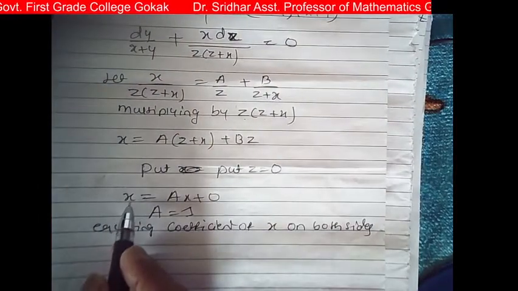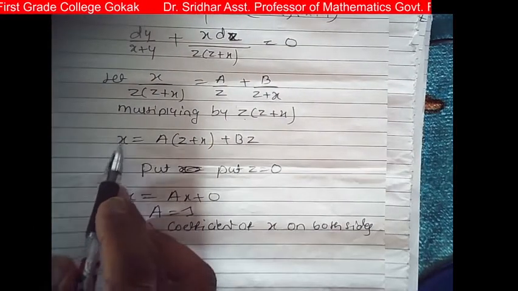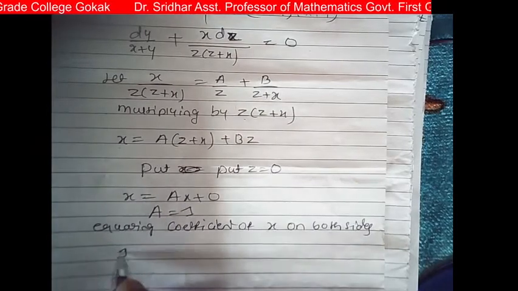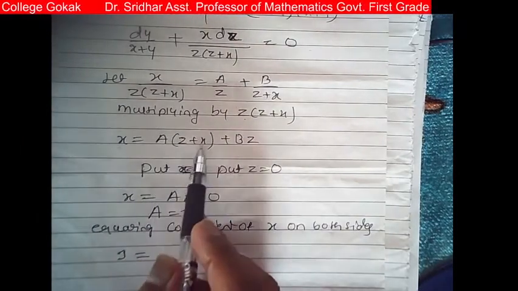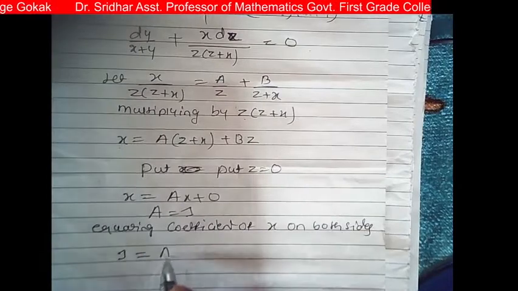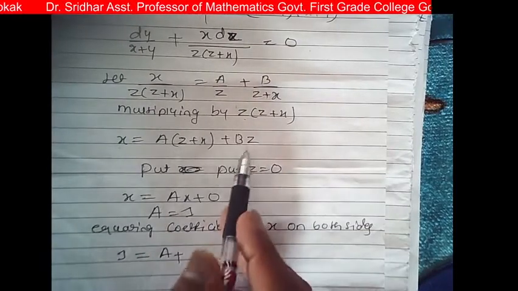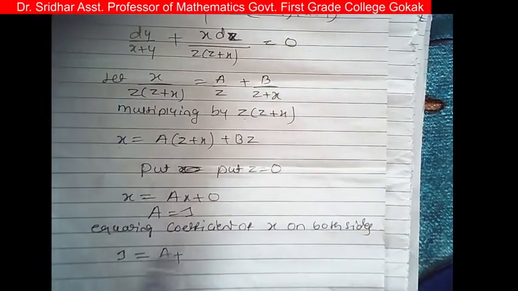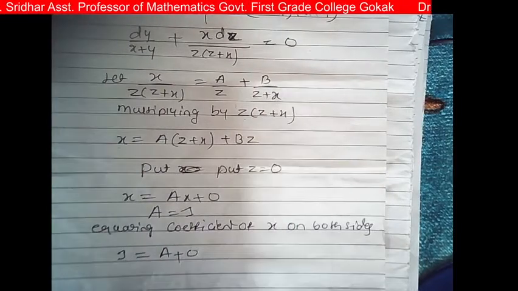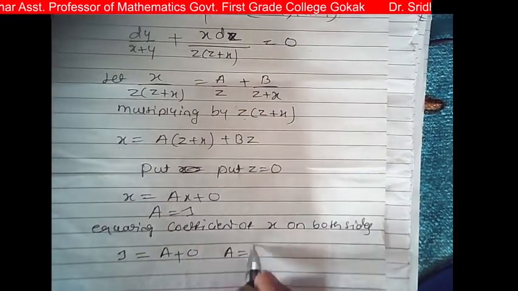So here coefficient of x is 1, here in this case it is 1, so it is equal to 1, and here the coefficient of x is a. Here there is no x term, so there is no coefficient of x, so it is 0. So therefore a is equal to 1 we got.